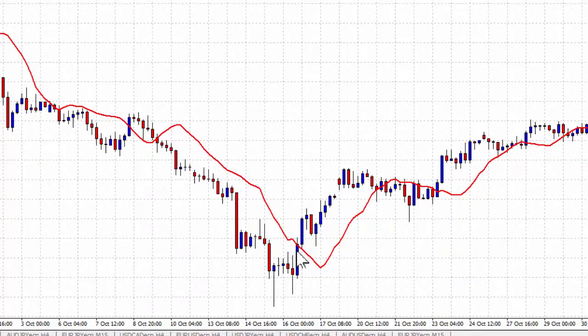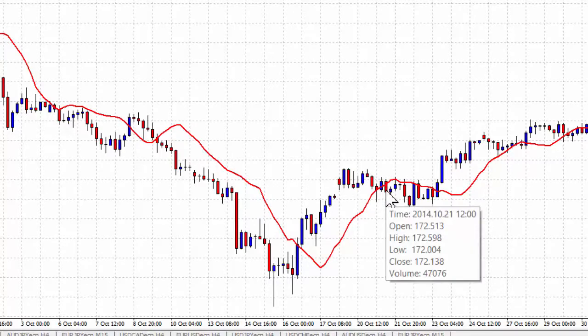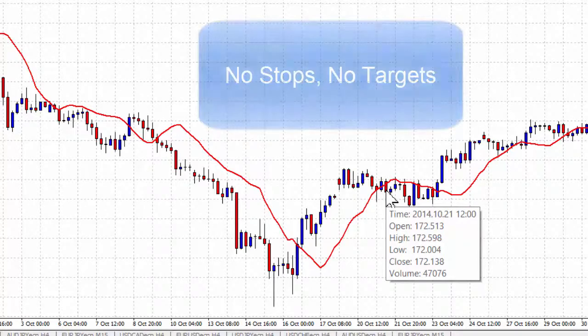The minute it goes over the moving average and closes above the moving average, it then moves from the sell to the buy phase, and you exit your sell transaction and you enter a buy transaction, and you stay in that buy transaction all along until the price again closes below the moving average, which means the buy phase is over and the sell phase has now started, and you would exit. So it's a very simple system.